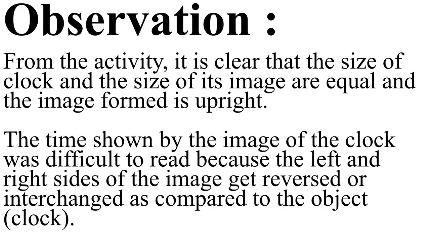Observation. From the activity, it is clear that the size of clock and the size of its image are equal and the image formed is upright. The time shown by the image of the clock was difficult to read because the left and right sides of the image get reversed or interchanged as compared to the object.